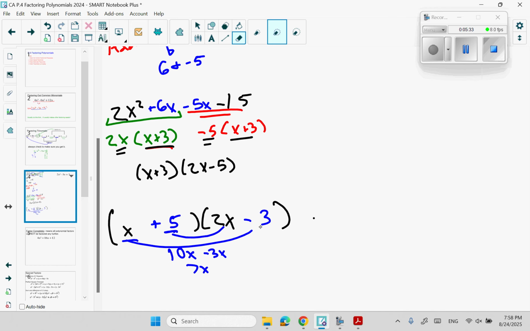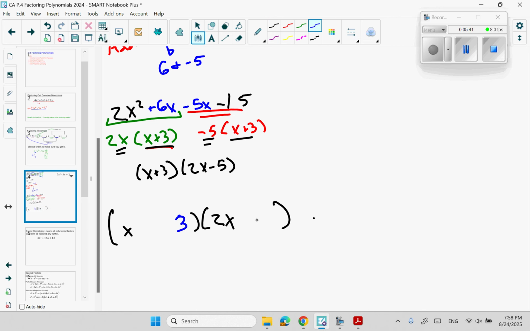So instead, we could try putting the 3 here and the 5 here, and let's say we put the minus here and the plus here. Well, negative 3 times 2x would give me negative 6x, and x times 5 would give me positive 5x. That'd give me negative x, so I would know I would just flip the signs.